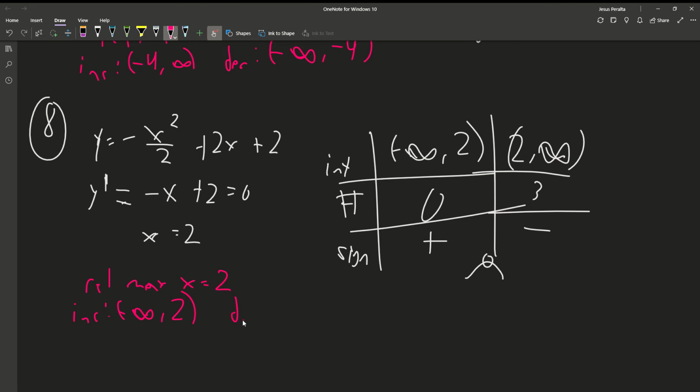And we are decreasing from 2 to infinity. Let's double check our answer. For number 8, increasing, negative, yep, and yes. Okay, so let's move on to number 9.